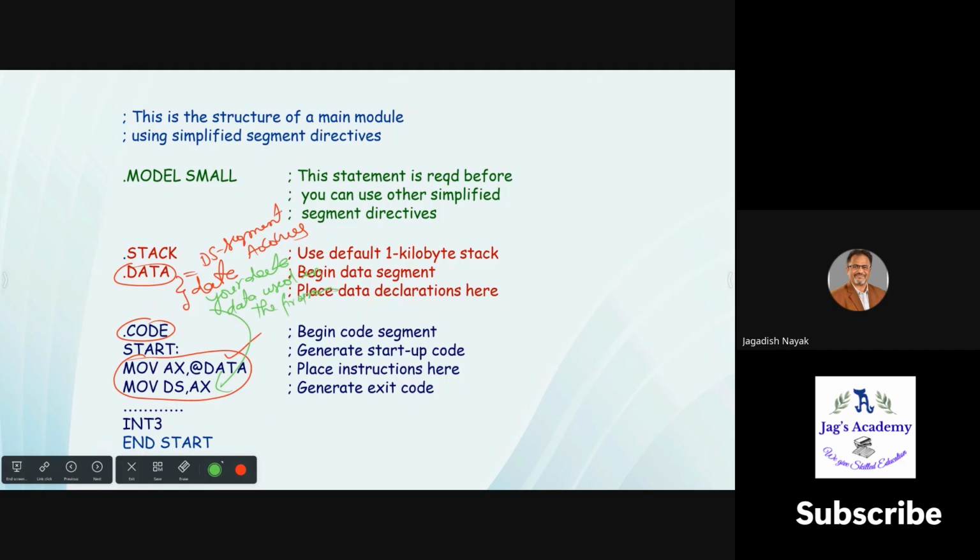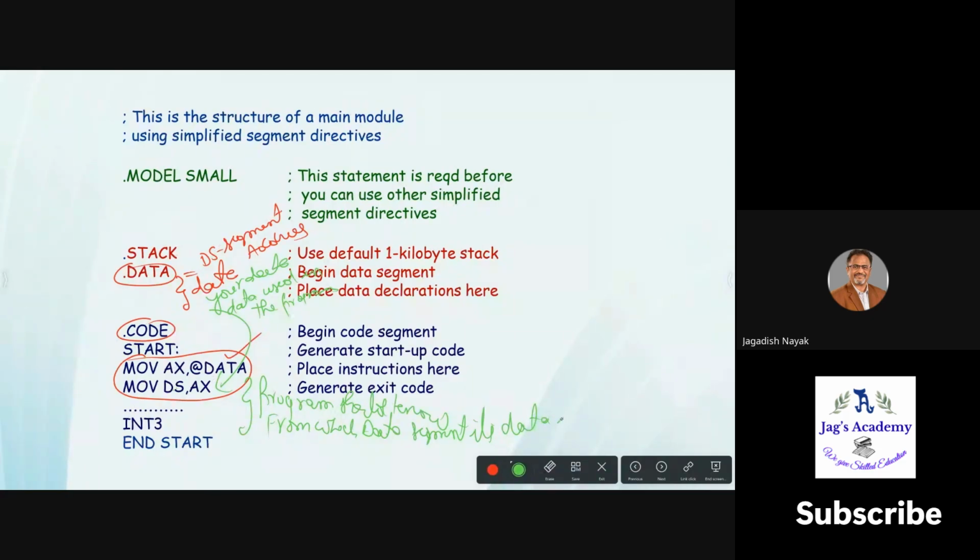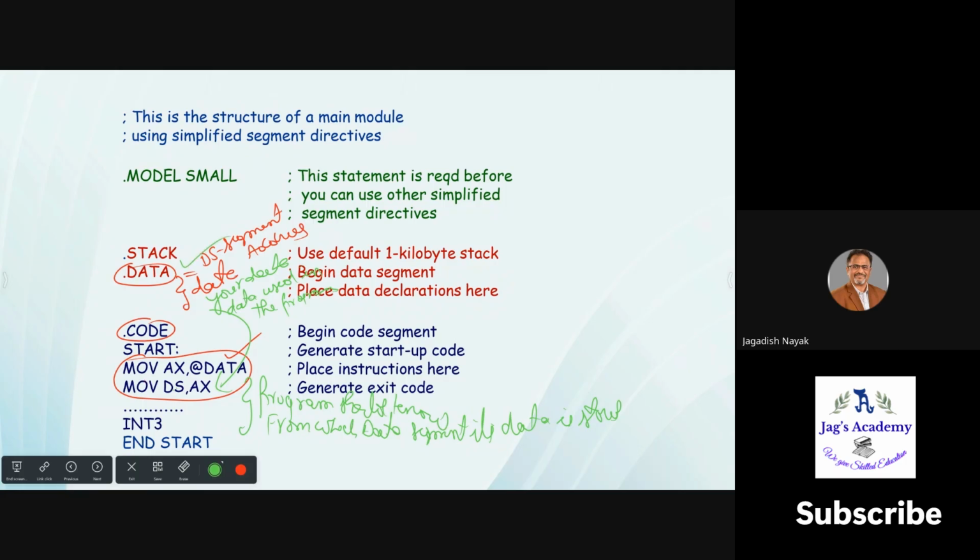When you want to use the same data in the same program, this program should know from which data segment its data is stored. So this program needs to know which segment that is.